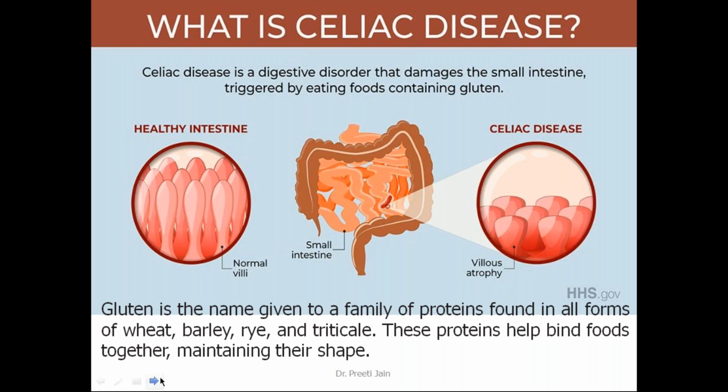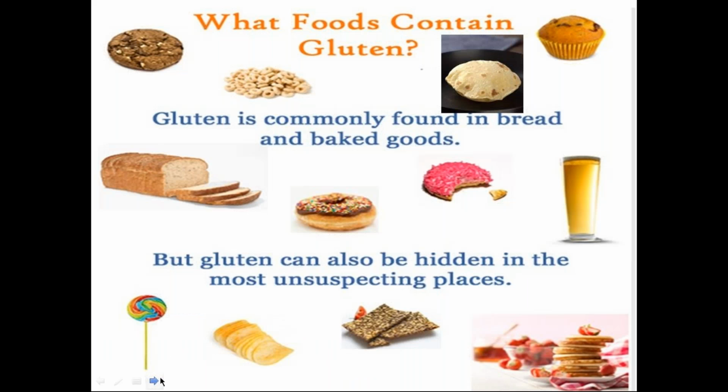She takes soup. Now soups contain a lot of corn in them. And then she's giving you a history of eating a lot of junk food like french fries, processed foods, etc. All these are foods which contain gluten.